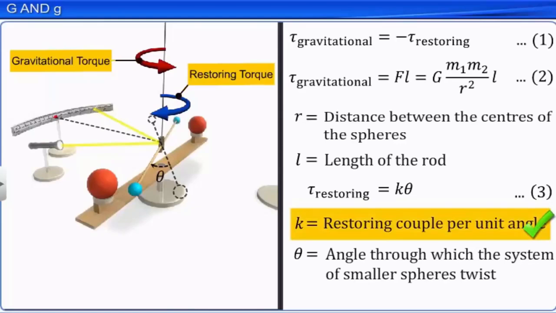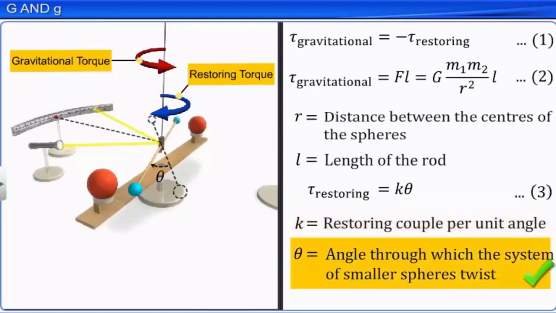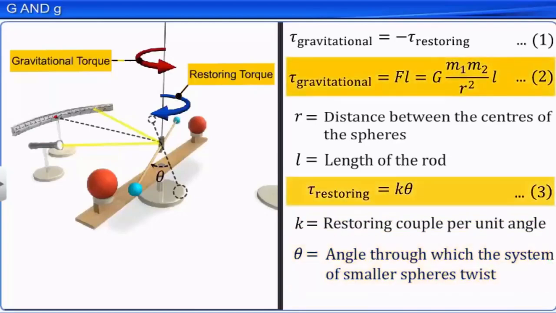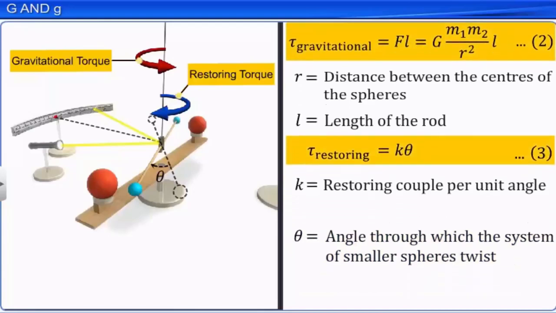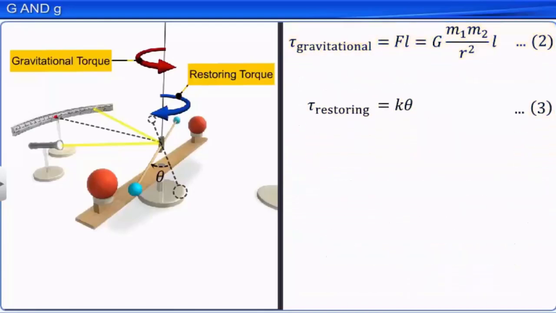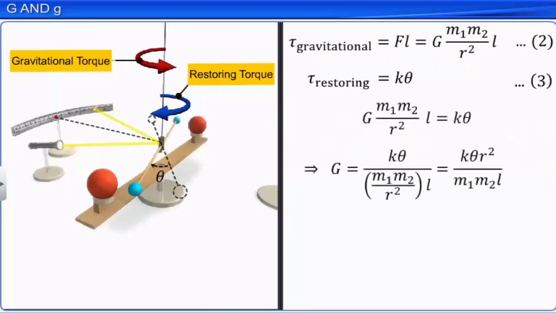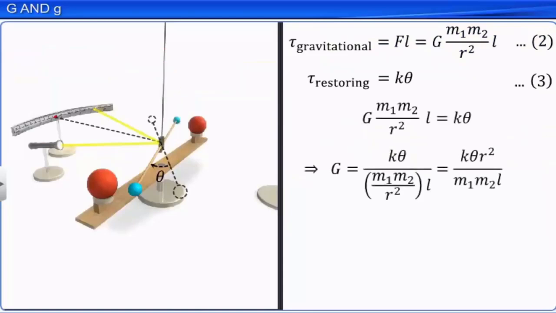We equate equations 2 and 3, and hence deduce the expression for G. The value of theta can be obtained precisely by using the lamp, mirror, and scale arrangement as shown here.